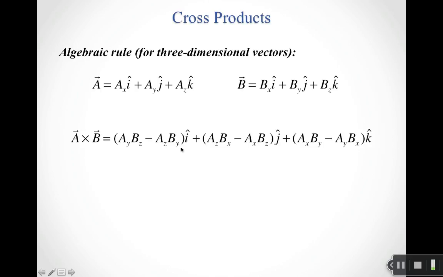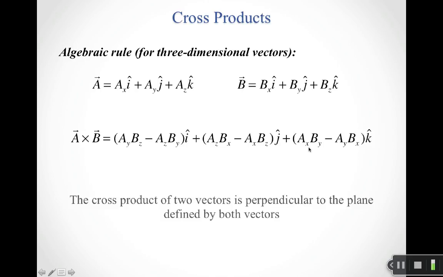So notice that the x component of your cross product involves the other 2 components, the y and z components of your original vectors. The y component of your cross product involves the x and z components of your original vectors. And the z component of your cross product, that's the x and y components. So this is just sort of our rule.